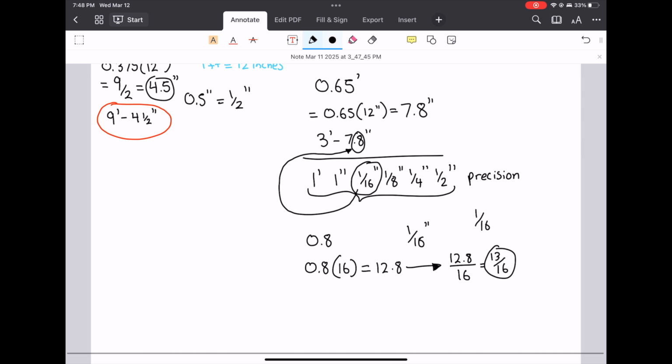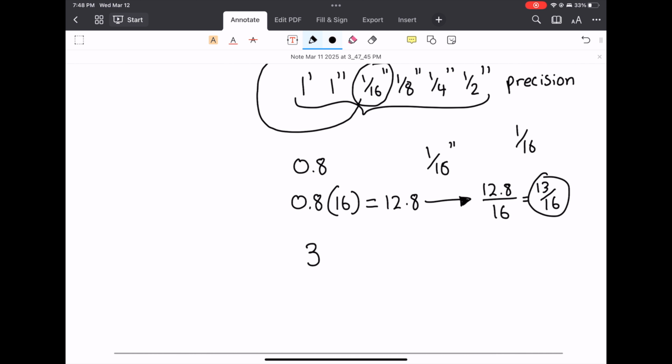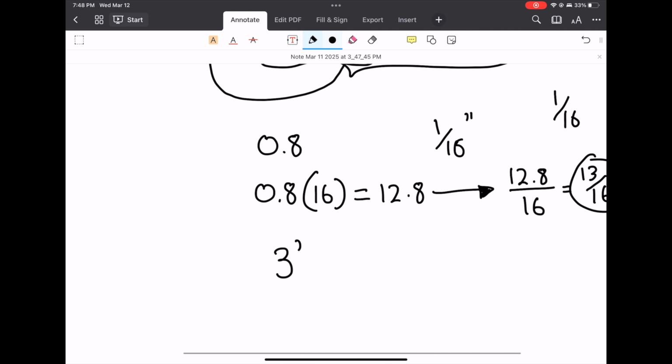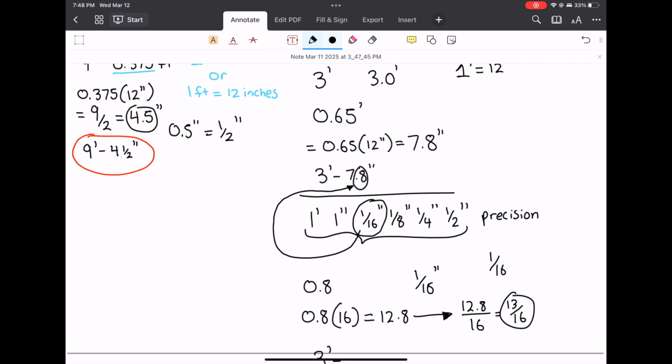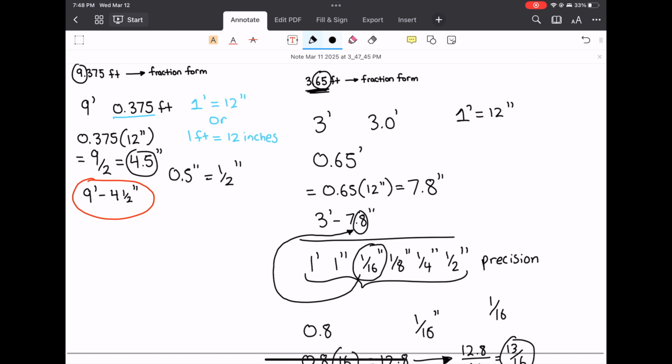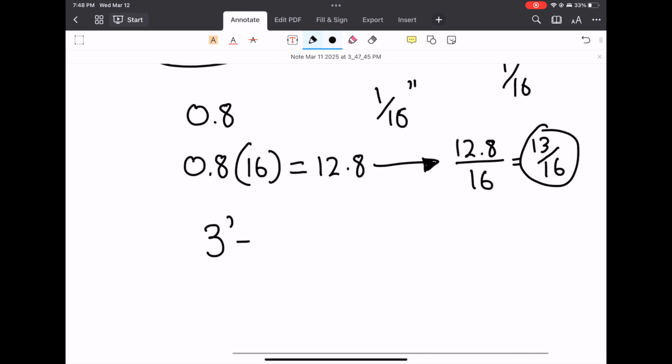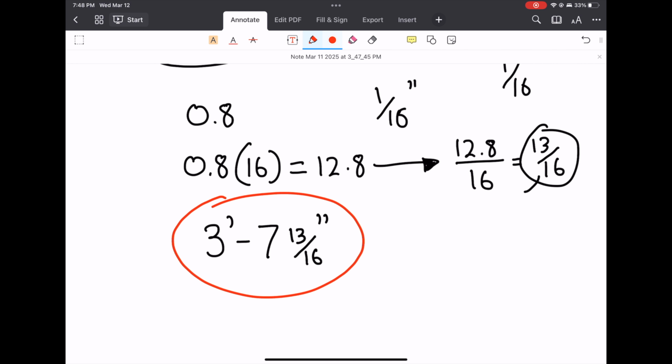So our final answer is 3 feet, 7 inches, and 13 over 16 inches. This is our final answer for the conversion.